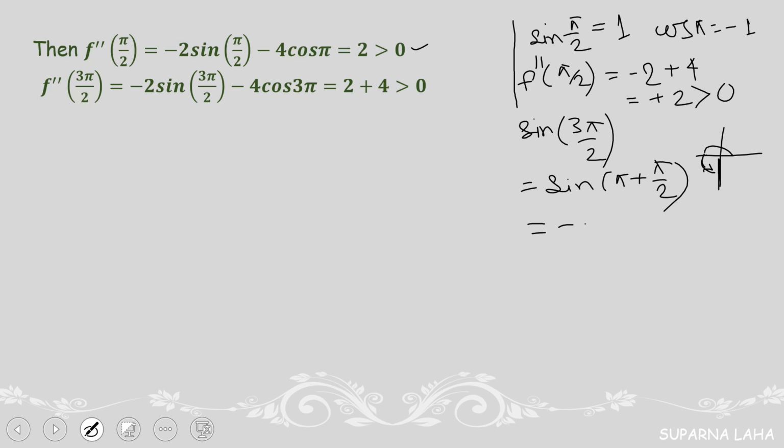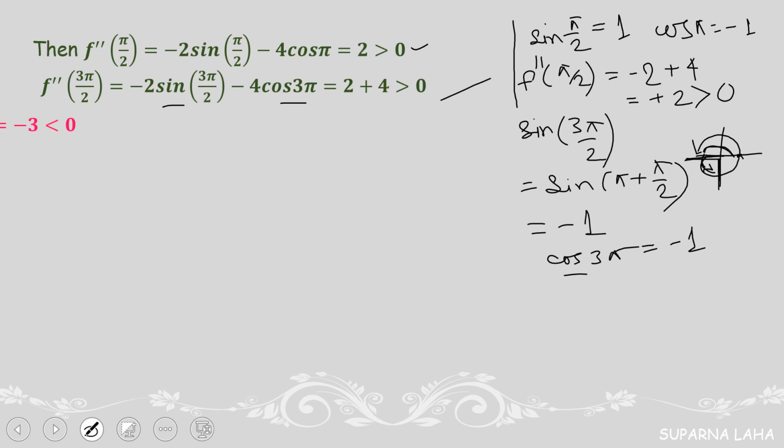So the value is minus 1. And cos of 3 pi: going 0 to pi, pi to 2 pi, and then again pi, it is on this axis. So the value is minus 1. So put minus 1 and minus 1 for the sine and cos in this equation. We will find this is 2 plus 4, that is a positive value.